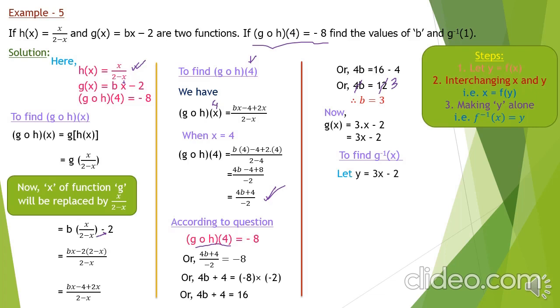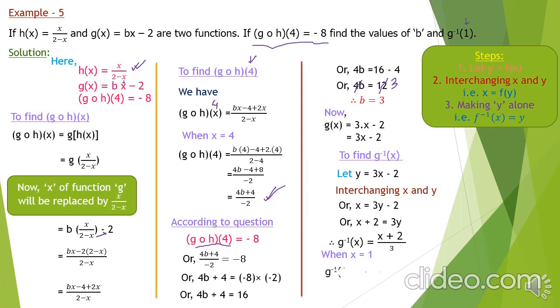You are very much familiar with it and you can do it easily. Interchanging, and now making y alone, that is x plus 2 by 3. Now we found the g inverse. Now x is equal to 1, our input must be 1 because it's asked in the question. We have to use the input as 1, so x is replaced by 1. 3 by 3 is equal to 1.